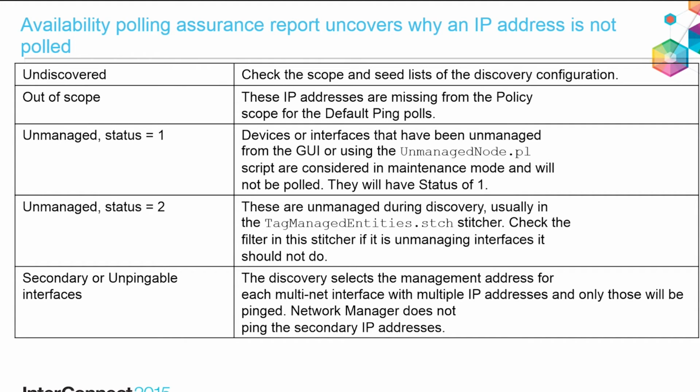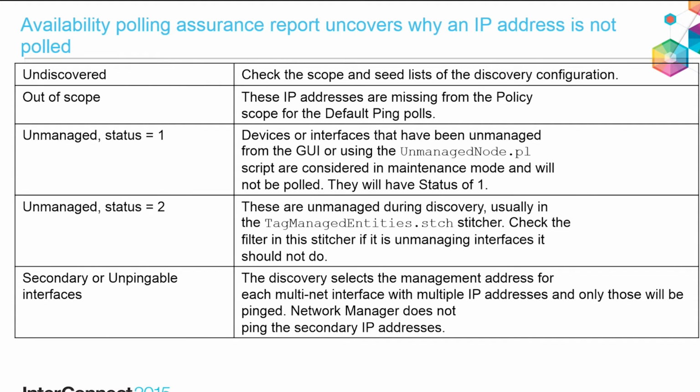It will report one of these categories. So undiscovered indicates that the discovery itself hadn't discovered it. Out of scope means that we've got it, it's discovered, but it's not in any of your policy scopes. So for some reason it was missed out there.